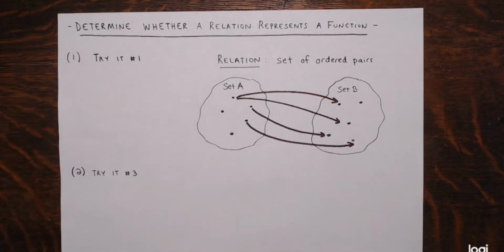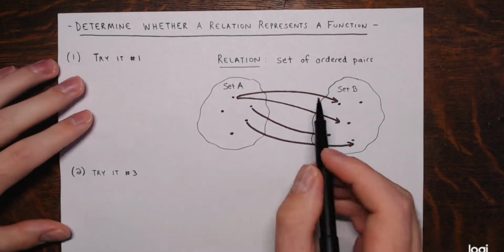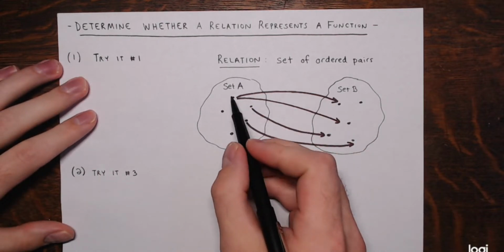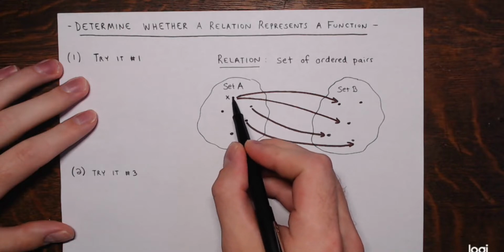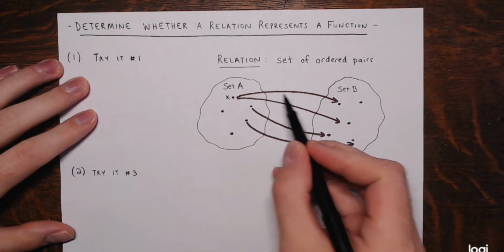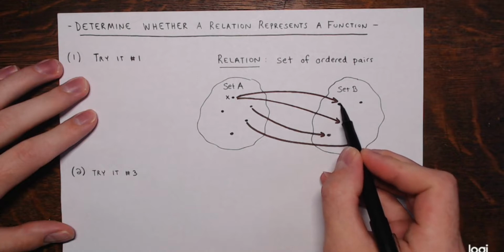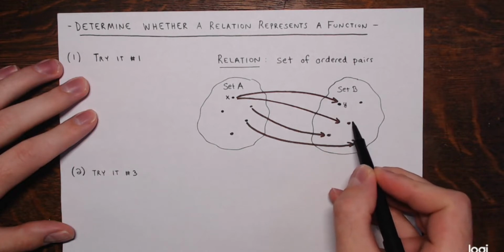It's just pairings. That's all a relation is. And instead of drawing big pictures like this, say this element from set A was called X, this dot here, and this element in set B was called Y, and this element was called Z.